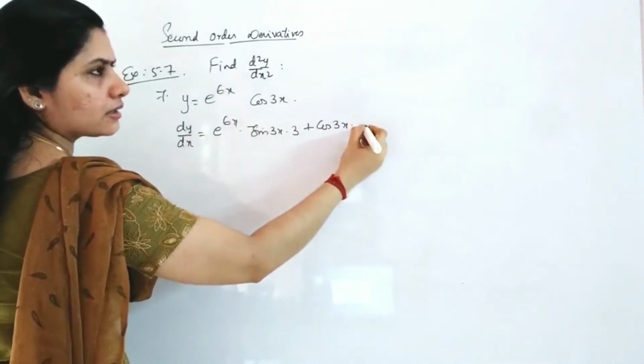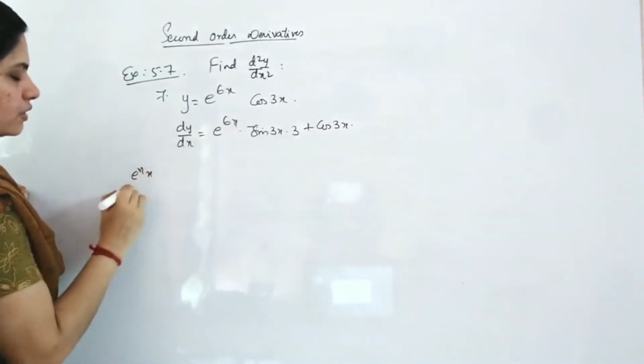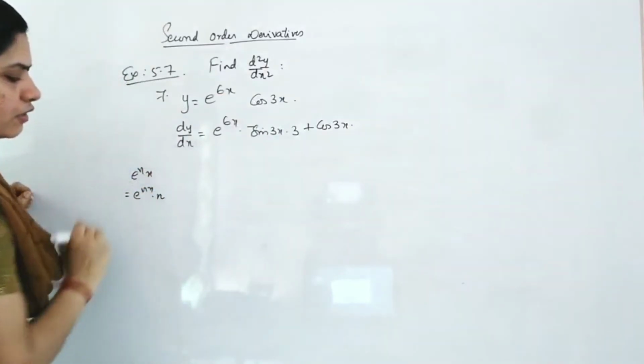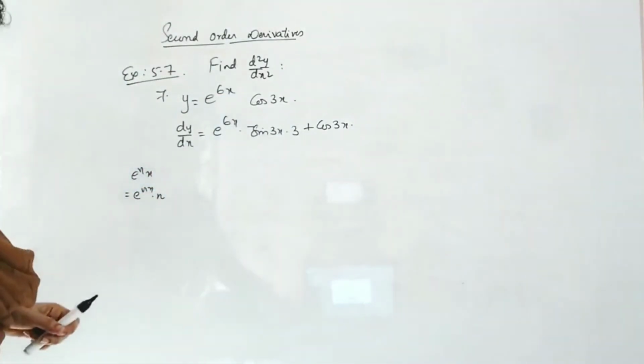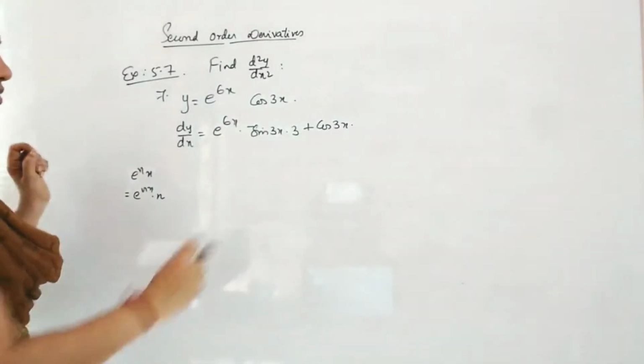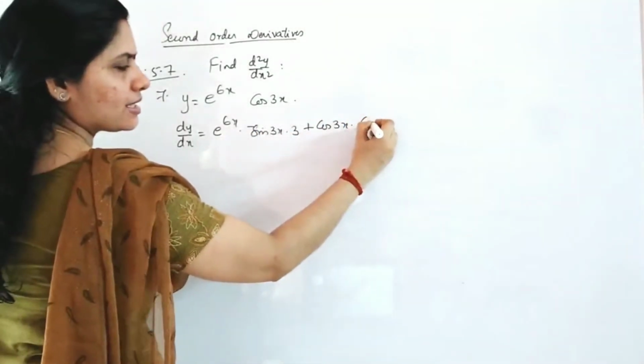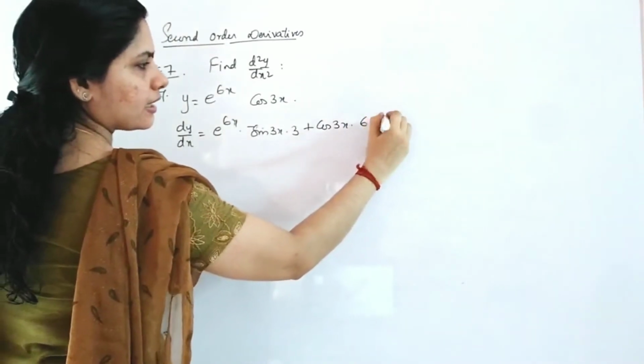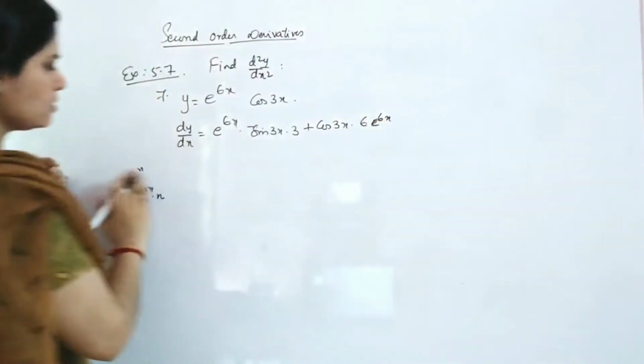E raised to nx will give you e raised to nx into derivative of nx, which is n. So you have n e raised to nx. So what you will get here is 6 e raised to 6x.